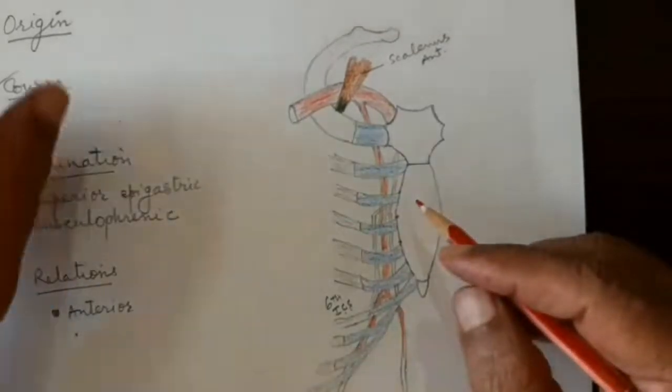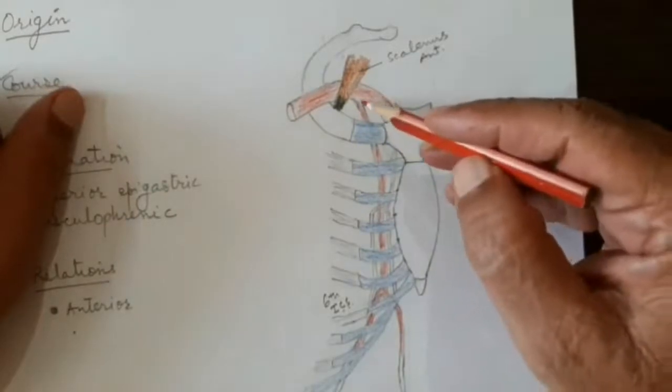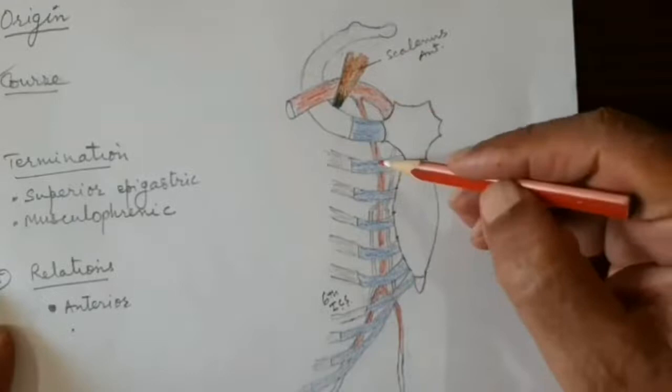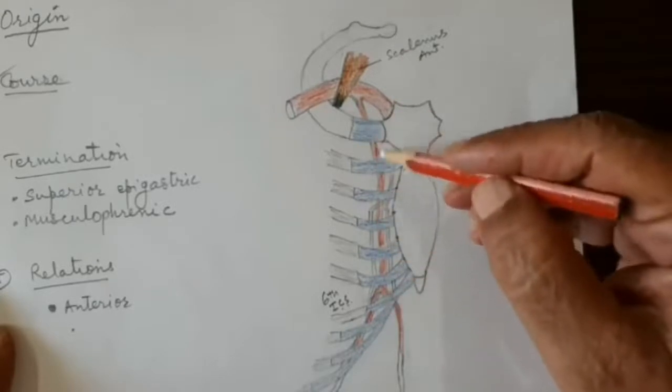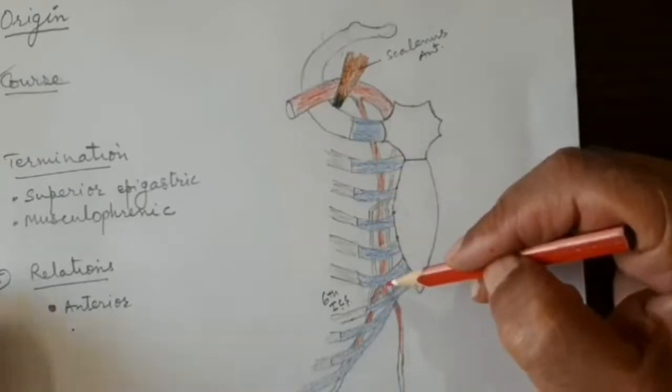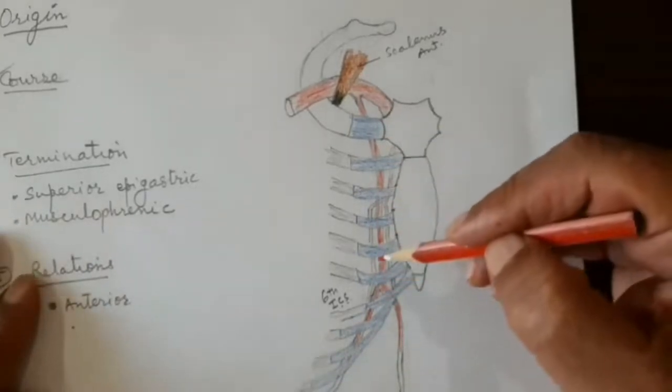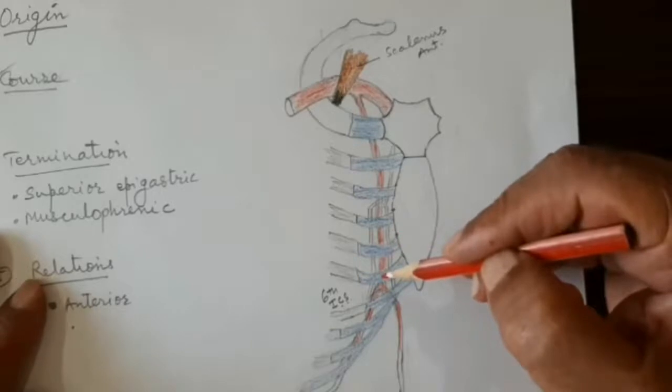So this is the course, right from the root of the neck up to the sixth intercostal space, running behind the first six costal cartilages.